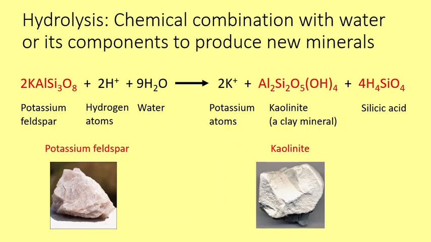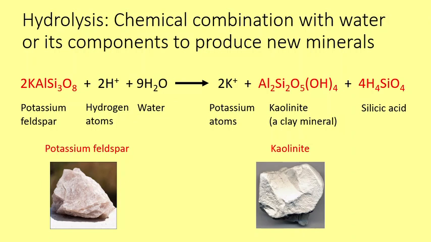And then our final example of a chemical weathering process is hydrolysis. Hydrolysis just refers to the chemical combination with water or its components to produce new minerals. You can see that long chemical equation there in the middle of the diagram. By no means do you need to memorize this. I just listed it so we can see what's happening during hydrolysis.